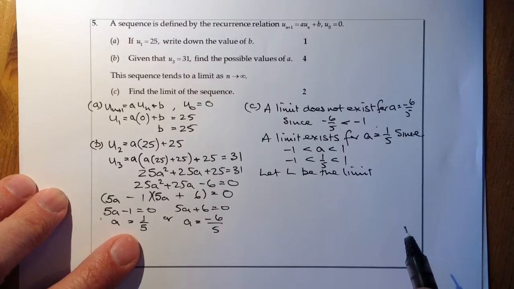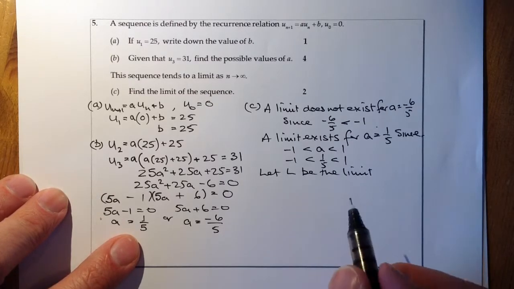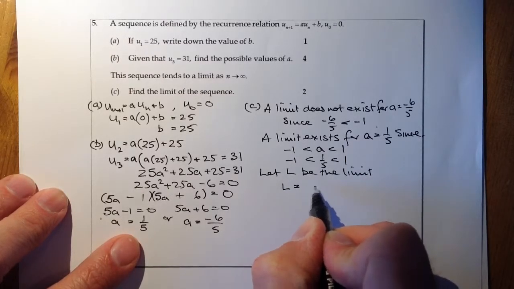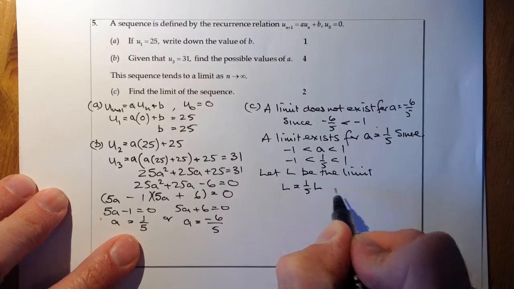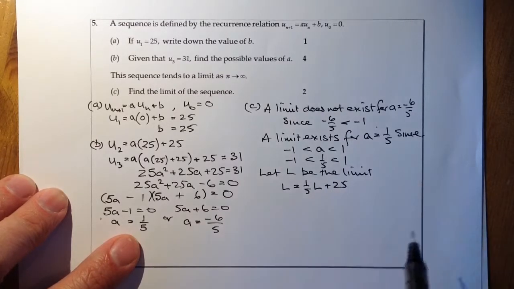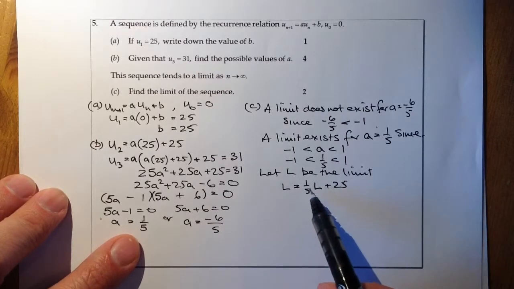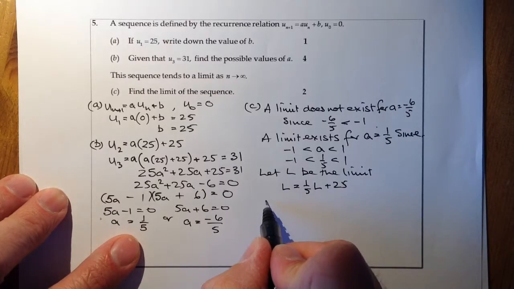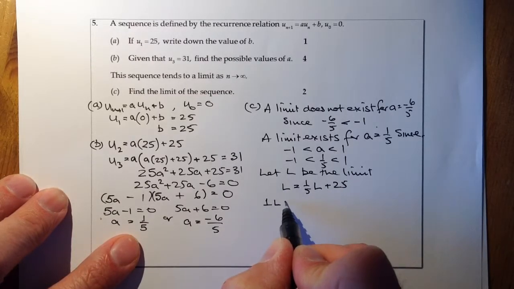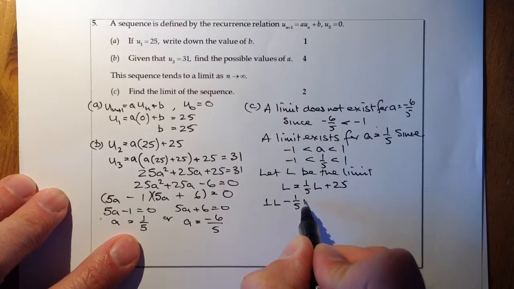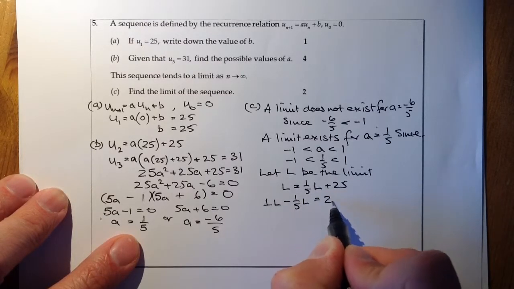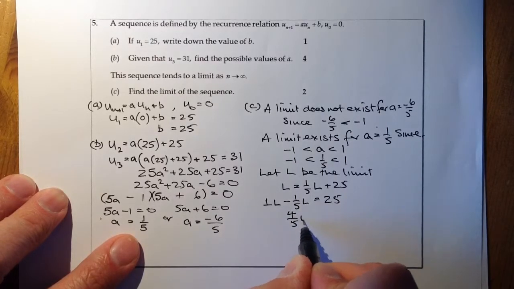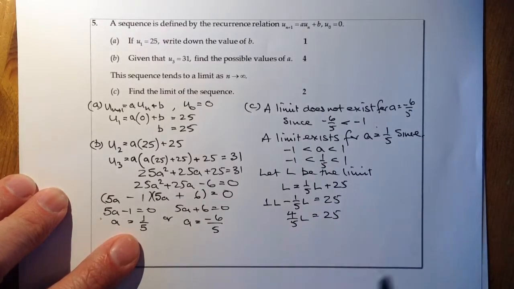Right, so just to go ahead with this one here, what I'll go for is L is equal to 1/5 L plus 25. What I'll then do is I'll take the fifth L over to this side. Remember that's 1L, so I'm just going to write it in, 1L, and I'm going to subtract 1/5 L, and that now equals 25. So subtracting that gives me 4/5 L equals 25.